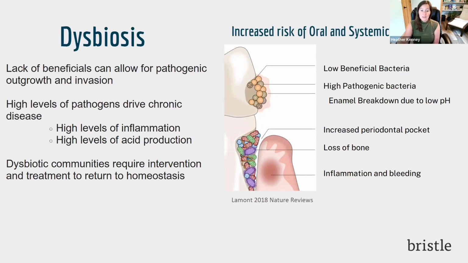Of course, we always want to treat dysbiotic communities because we need to treat the root cause of what's happening. So it's really important to understand dysbiosis versus homeostasis. And I like to point out that if we do have a dysbiotic situation, our goal should be to reach homeostasis. So testing and retesting is really important to know that we've actually returned to a balanced oral microbiome.